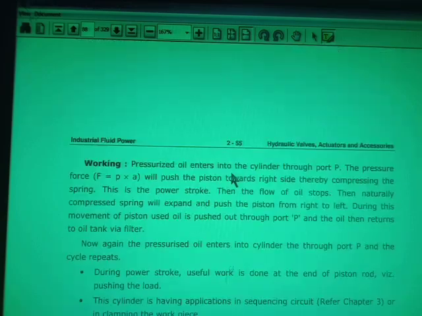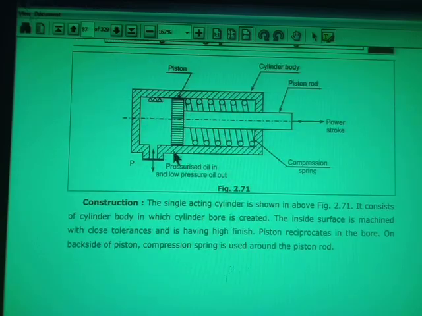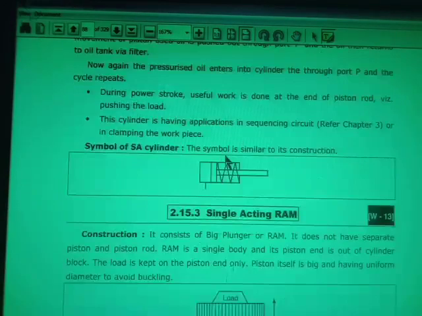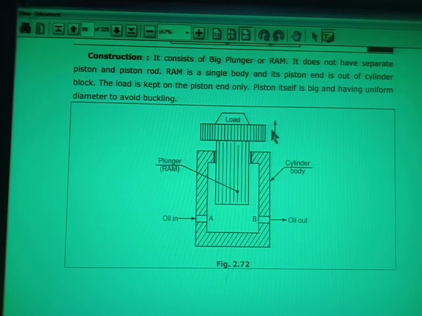In a cylinder, the piston may be made from a different material and the rod end from another material, and they can be added to each other. But in the single acting ram, the piston and rod end are of one material, and this piston rod end is known as the plunger, or the ram.